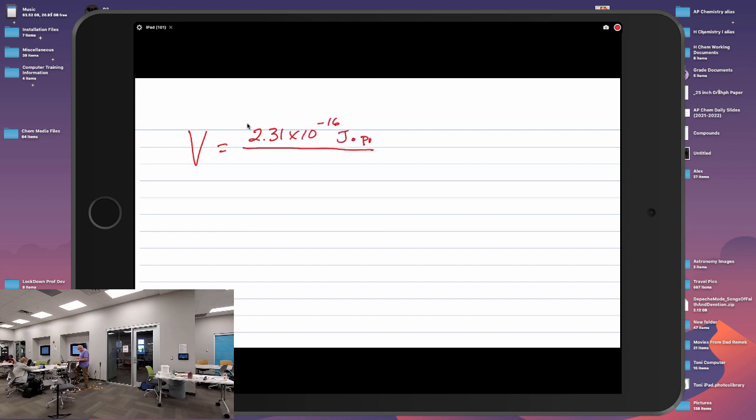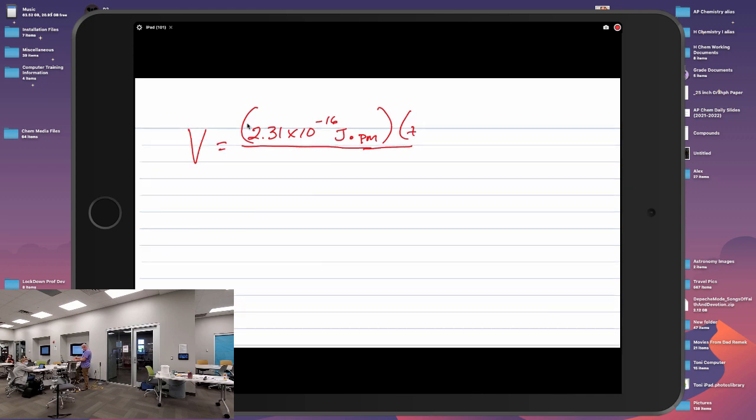And its units were joules times picometers, right? We don't really have units for the charge for our protons and electrons. I guess you could say the unit's kind of like the sign on it. It's the sign.